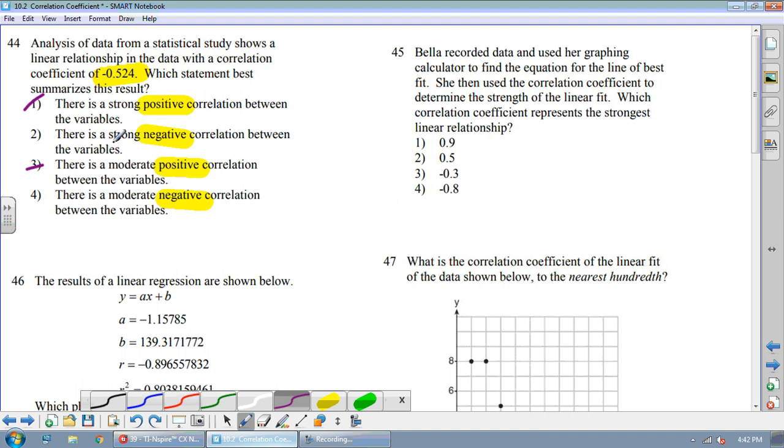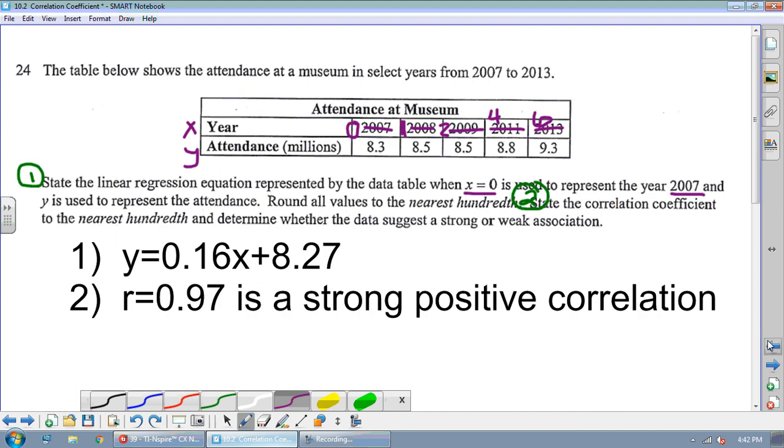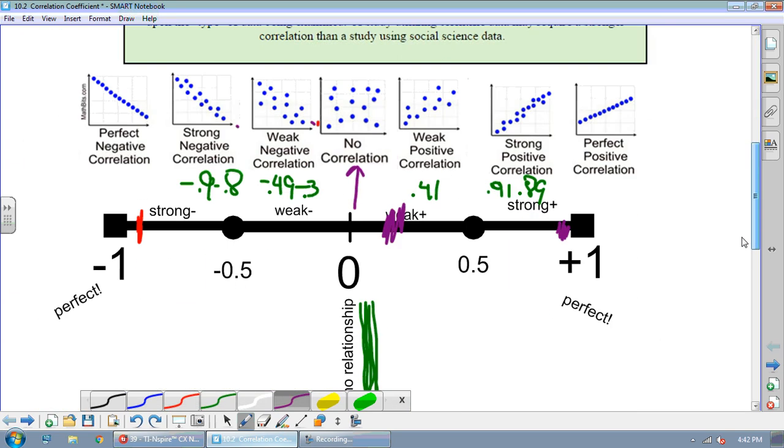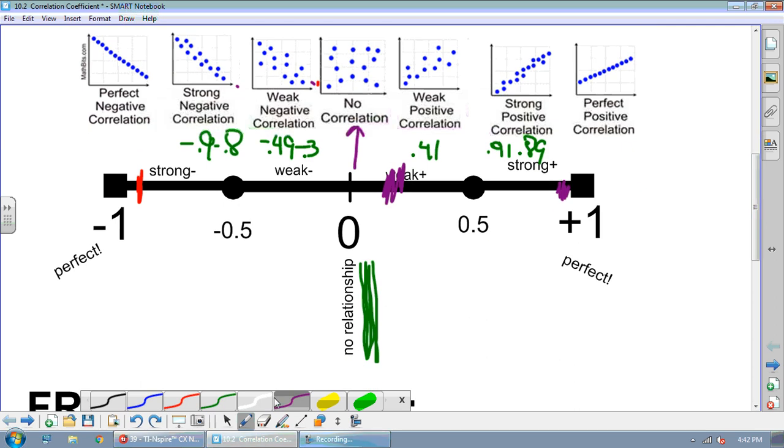So now we've got there is a strong or there is a moderate. Oh, moderate. What does moderate mean? So negative 0.5. Let's go back to that chart on the front. Negative 0.5 is right here. So 0.54, so a little over to the side of it. Okay, so our choices are strong and moderate. We have strong versus weak.